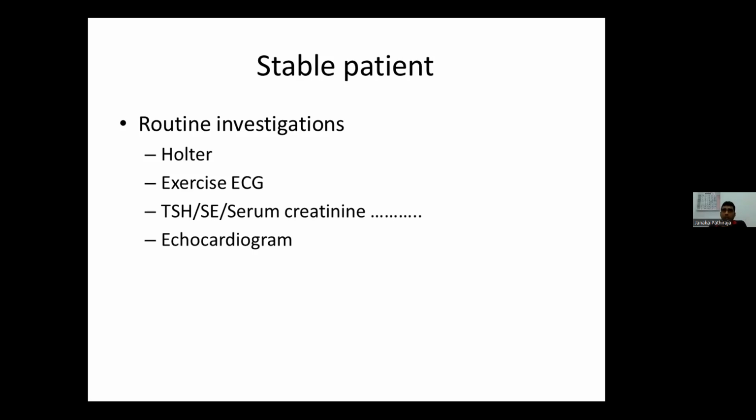Sometimes patients say palpitations once a month or a dizzy feeling once a month, so it is very difficult to catch with a Holter. If they have a mobile app which can record for 30 seconds or 1 minute when they have the symptoms, they can get a rhythm strip recording. It will be helpful. Sometimes we can detect bradycardia or tachycardia, various things. So those are the newer machines and devices.